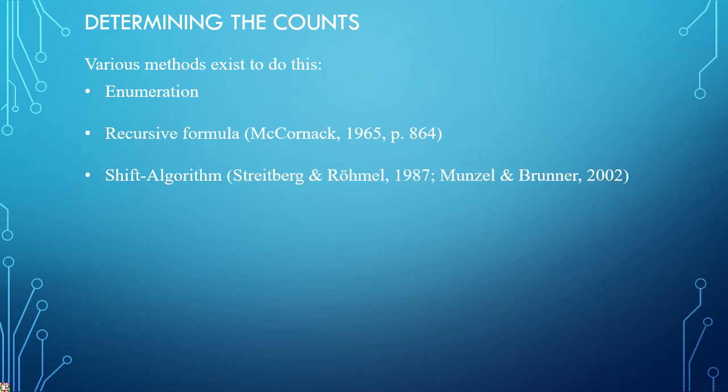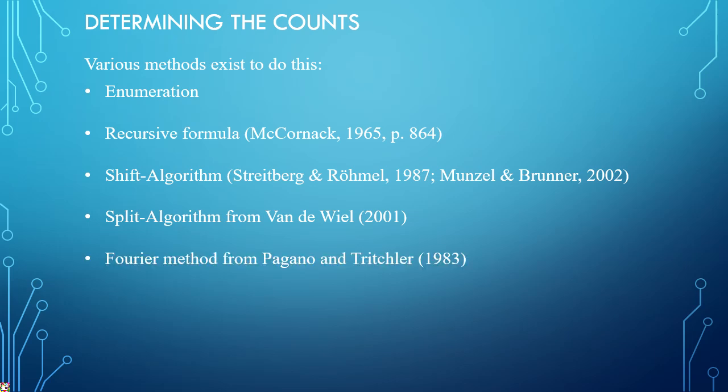The shift algorithm is faster if n is large, but it will actually calculate the entire distribution for a specific n, and then you just look at the value you're specifically interested in. Another option would be the split algorithm, which splits, as the name implies, all the calculations in two, and it uses some symbolic math for it.